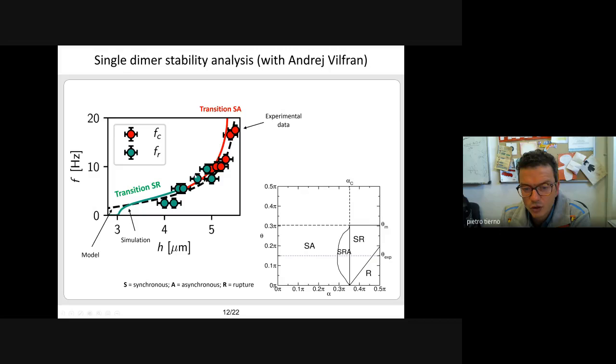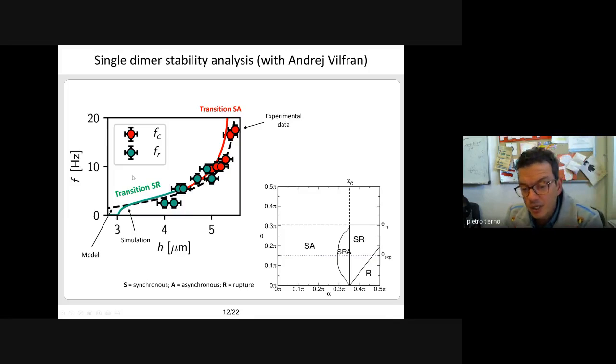So you have a continuous line, and you have two colors. Red color refers to the critical frequency when you have this transition from synchronous to asynchronous, and the green color refers to this rupture frequency, where you have this transition from asynchronous to a broken state, where you have this binary lattice.